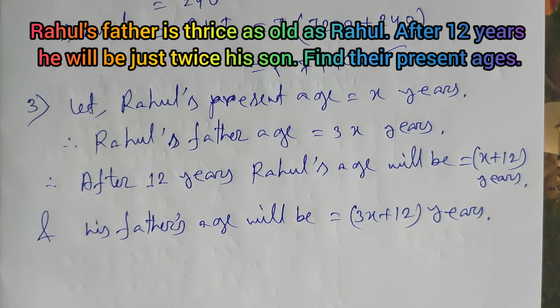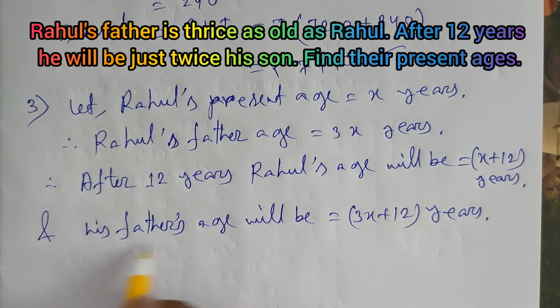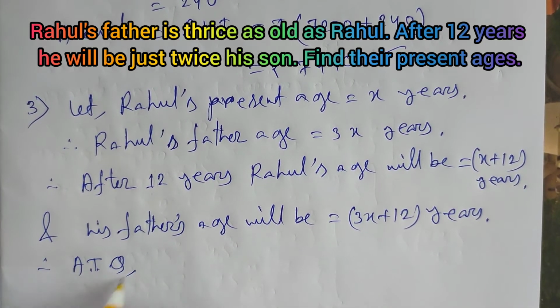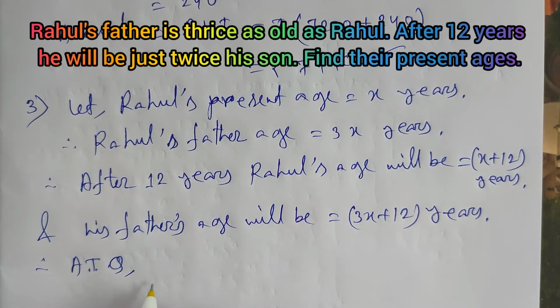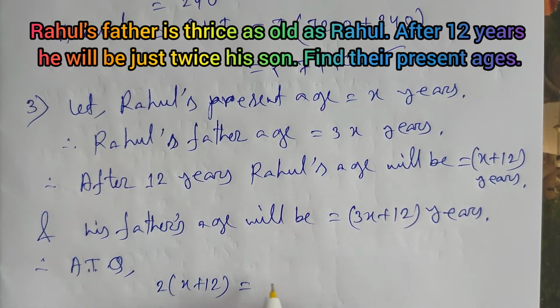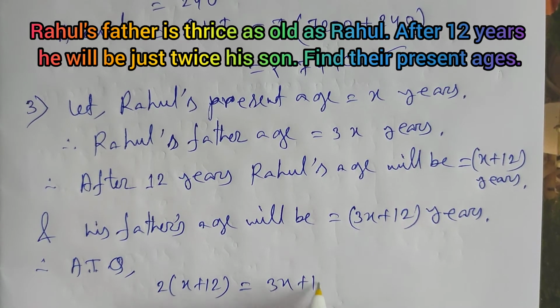He means father. Therefore ATQ, according to question, just twice, that means 2 multiplied by x plus 12, son's age, equals 3x plus 12.